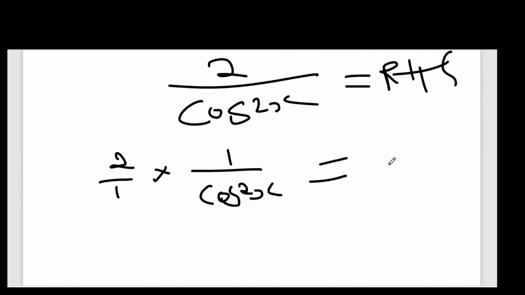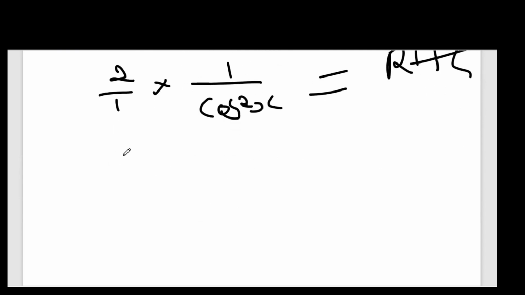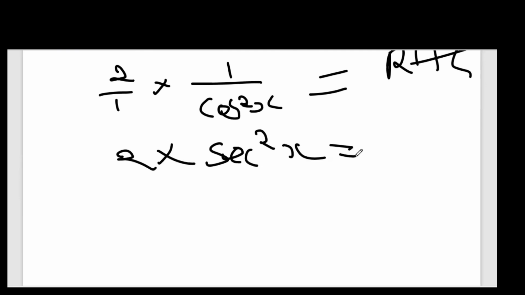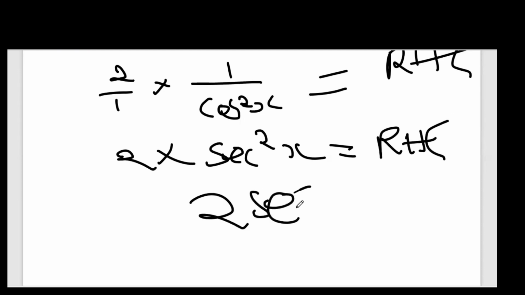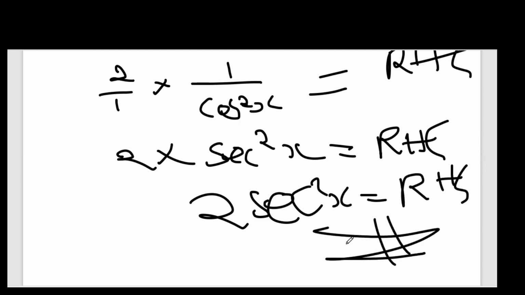Here we see that 1 over cos is just sec, so it will be 2 multiplied by sec, and since the cos is squared here, we also square the sec. So it means 2 sec squared x equals the right hand side. Okay, and so this is the hence proved.